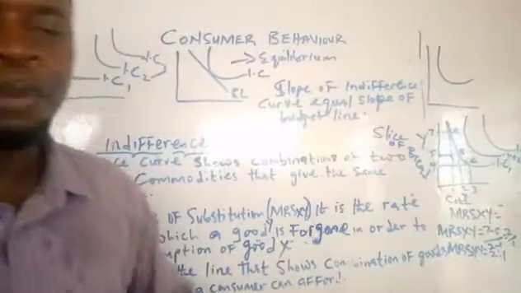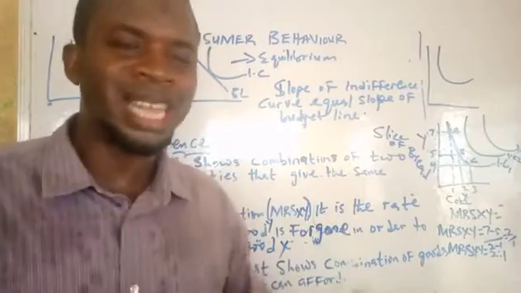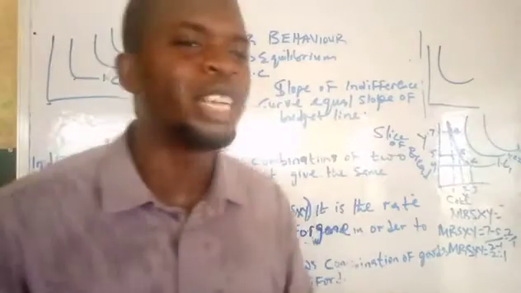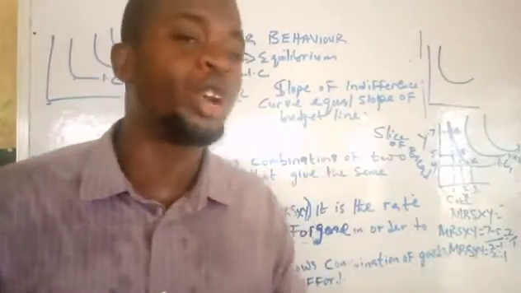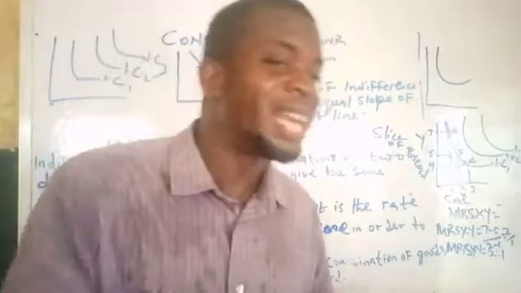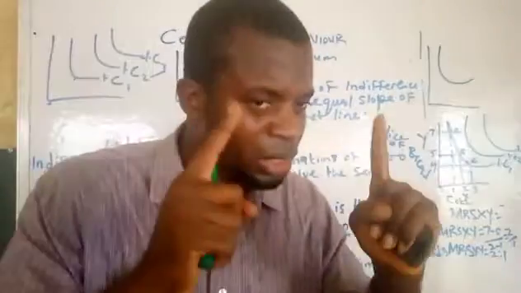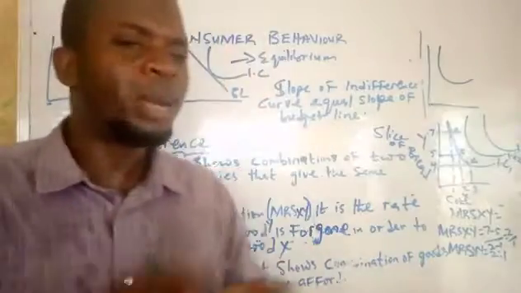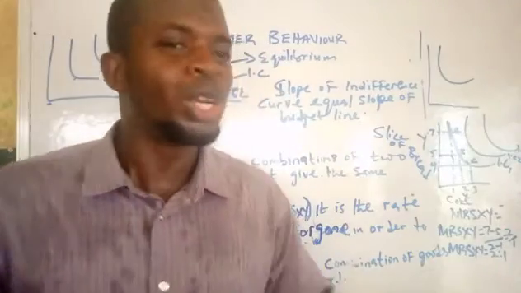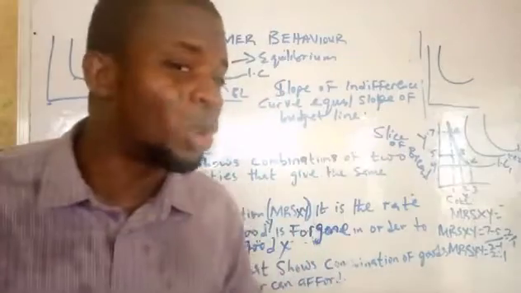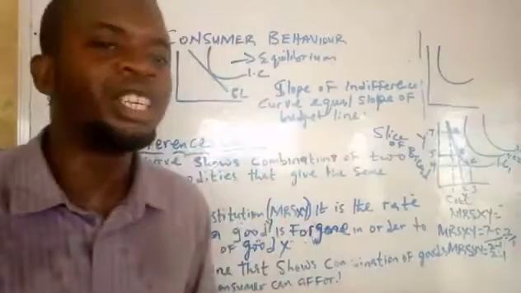You are undergraduate students, you need to understand the concept that an indifference curve is a curve that shows different combinations of commodity X and Y that give the same satisfaction, the same utility. Then again, a budget line is a line that shows different combinations of goods and services which a consumer can afford.